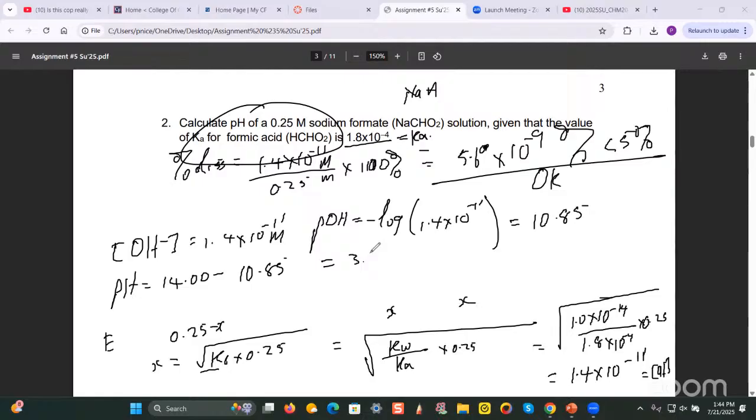No, the reason why I'm hesitating is because the solution should be basic and the pH should not be less than 7, but I have here 3.15. So I have to recheck. I thought I had worked it out.